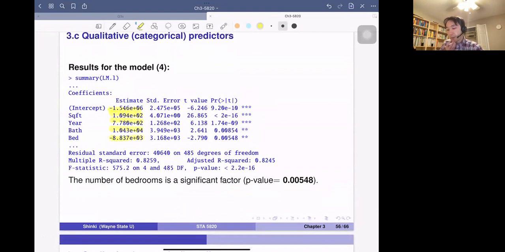And actually the number of bedrooms has a negative impact on the price. Do you know the reason? This is actually a robust result. If you use another data set, usually this has a negative coefficient. Why more bedrooms, smaller price? Anyone can guess? I can give you some extra credits for your quiz score. Anyone?